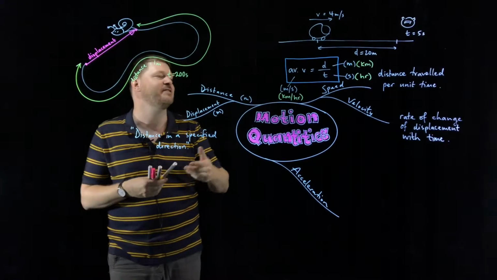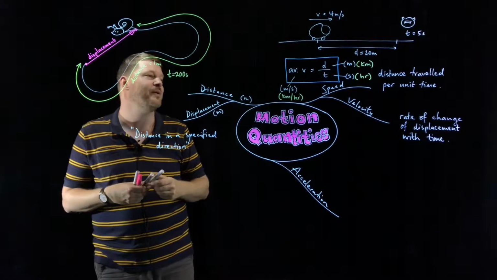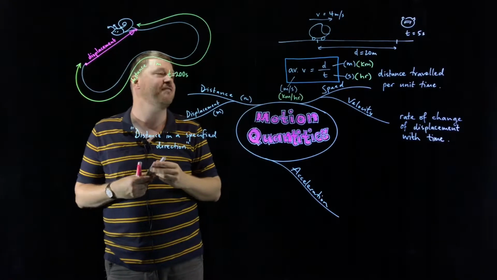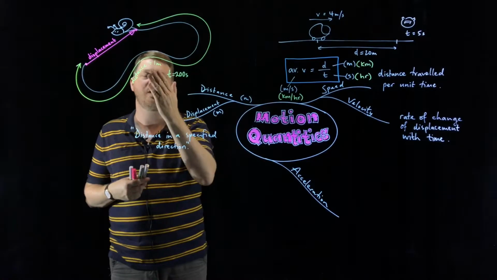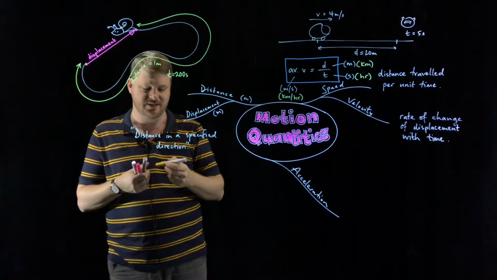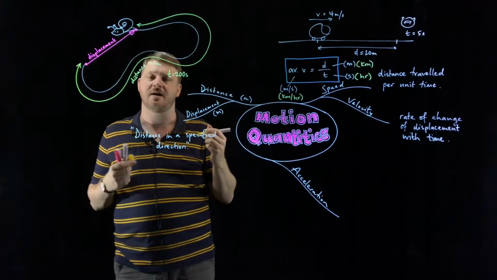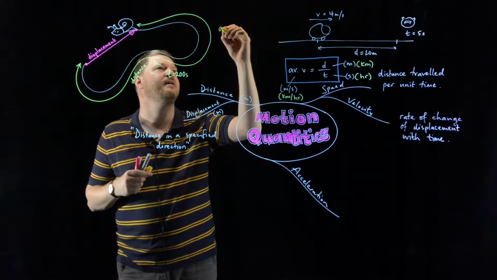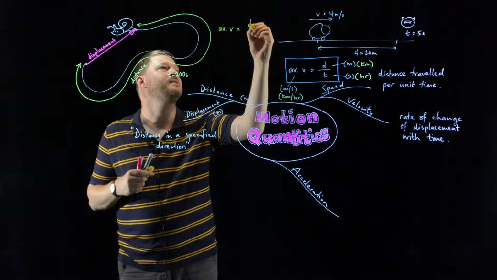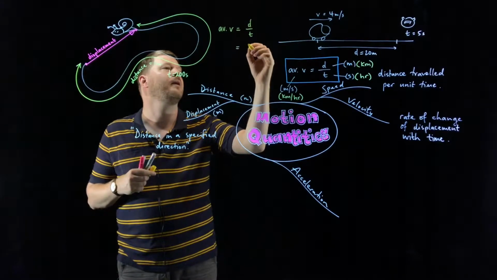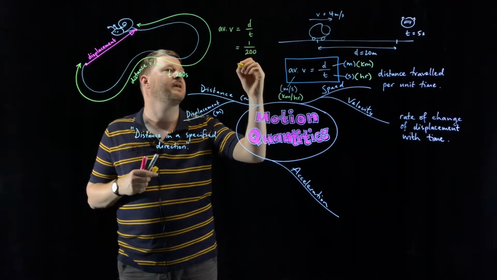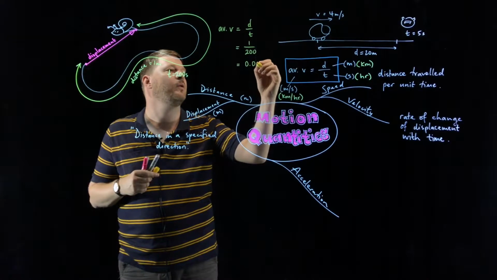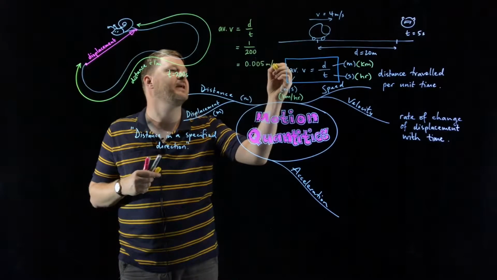But to work out its average speed, we would use this formula, and we would do the distance travelled divided by the time taken. So 1 meter divided by 200 seconds, which I believe should be 0.005 meters per second. So if I do my calculations here, average speed equals distance divided by time. 1 meter divided by 200 seconds equals 0.005 meters per second.